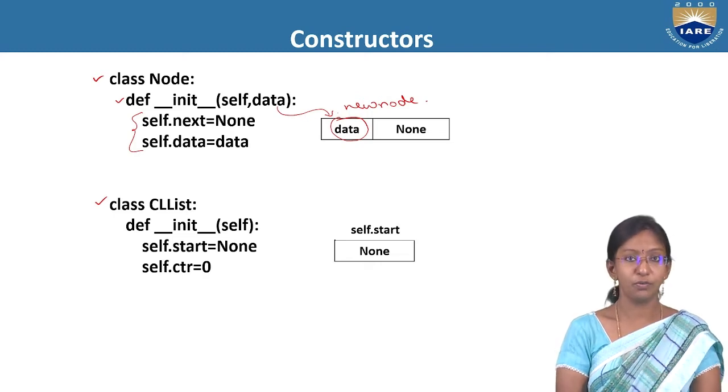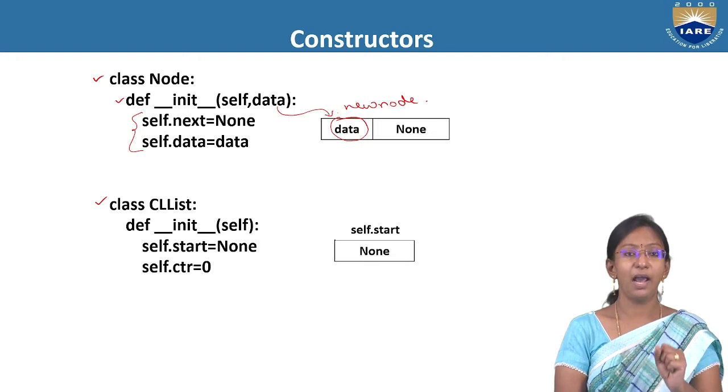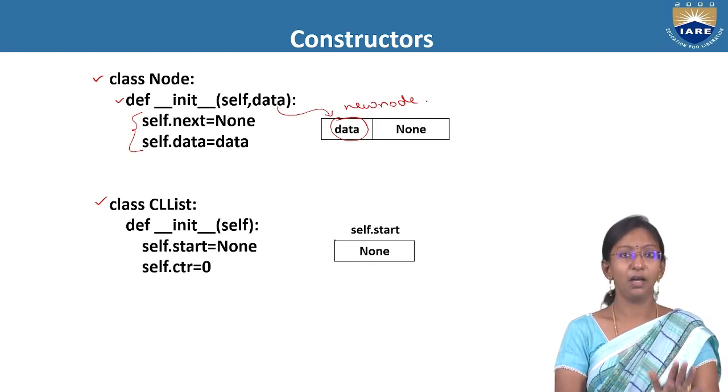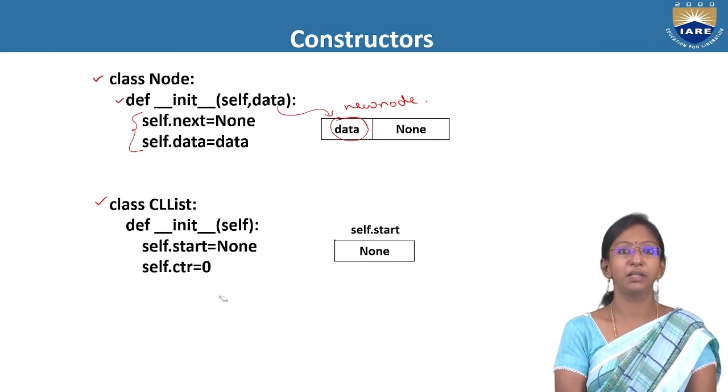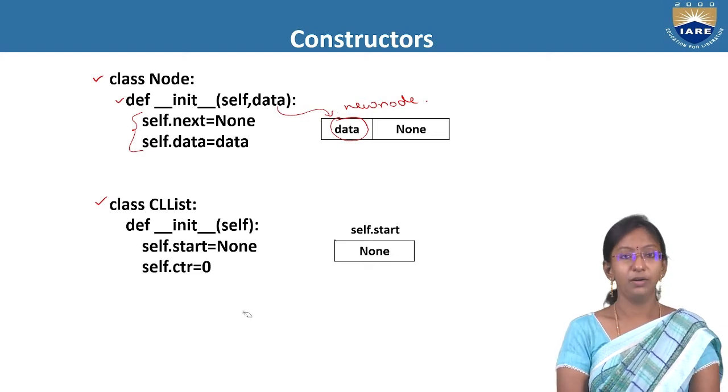So the gist of the story is, at the beginning we have just the address of the first node in a pointer variable. That pointer variable is nothing but start. Start is the variable which holds the address of the first node, right?